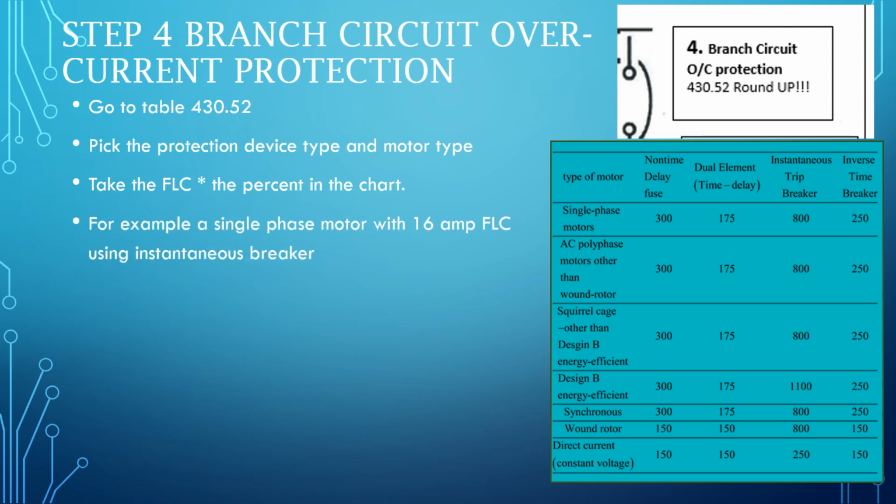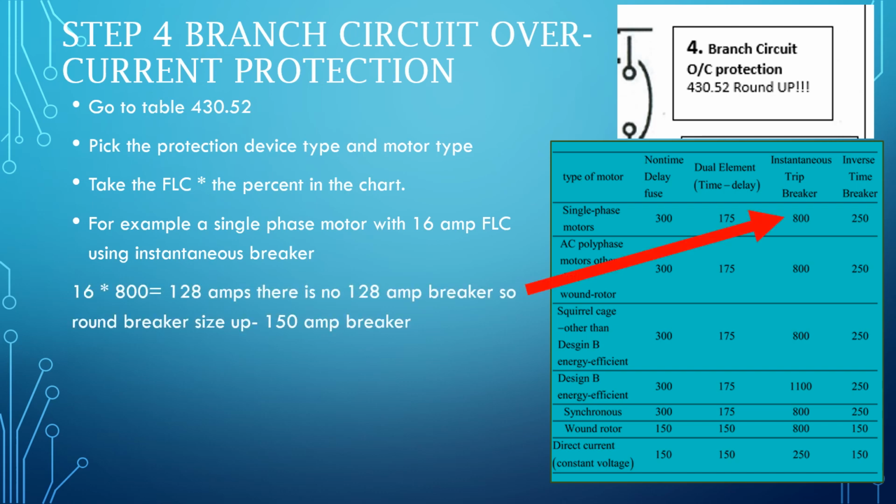So for example, back to our last example, 16 amp full load current using an instantaneous trip breaker. We're going to multiply that 16 amps times 800%. We're going to have a breaker that is at least 120 amps. There's not a 120 amp breaker, so we have to round up to the next size. We're actually going to be using a 150 amp breaker for a 16 amp load.